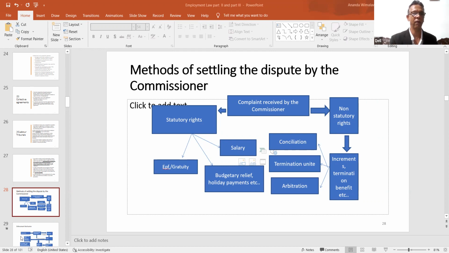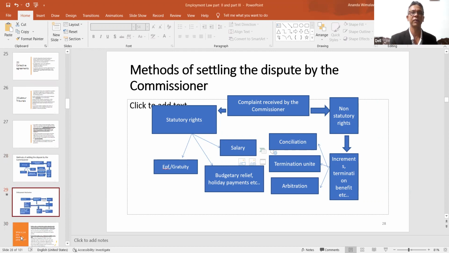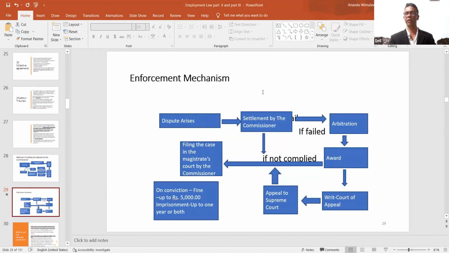Okay, right. My next slide. Enforcement mechanism. Dispute arises, non-statutory disputes. Settlement by the commissioner. If failed, go to arbitration, where the award is either compulsory or voluntary. Then the award is granted. If the employer is not adhering to the award, then the commission files a case in the magistrate court.